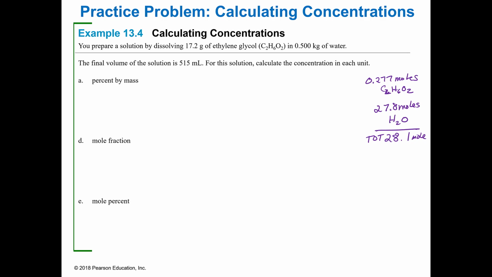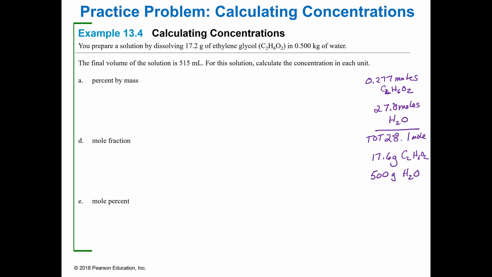And as far as mass, I had 17.6 grams of the C2H6O2, and I had 500 grams, because I had 0.5 kilograms of water. And I'll show you why I did it that way in just a minute.